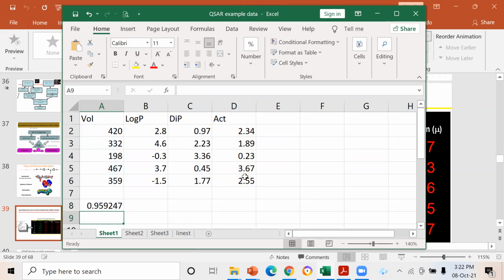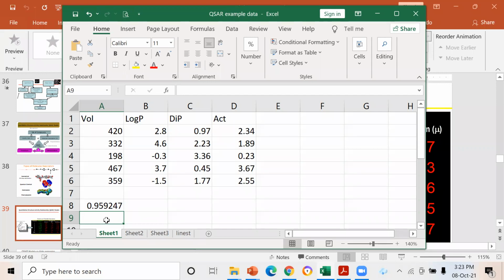It gives 0.95. The correlation coefficient can change between -1 and +1. Closer to 1 means highly correlated, closer to 0 means lowly correlated. So this is very good. The correlation between volume and activity is very, very good actually. 0.95 is closer to 1.